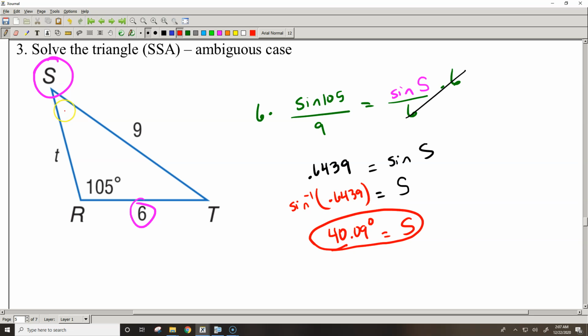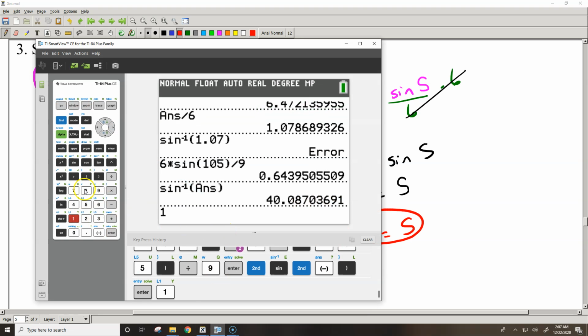So there's one of my answers. So I'm going to fill that in here. This is 40.09. And then what else can I do? Well, since I know this angle and this angle, I can find the third angle just by subtracting everything from 180. So I can find that other piece.